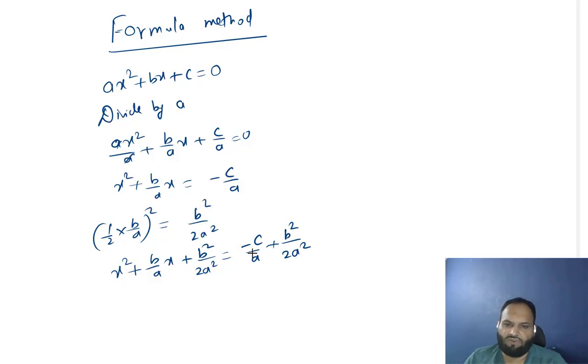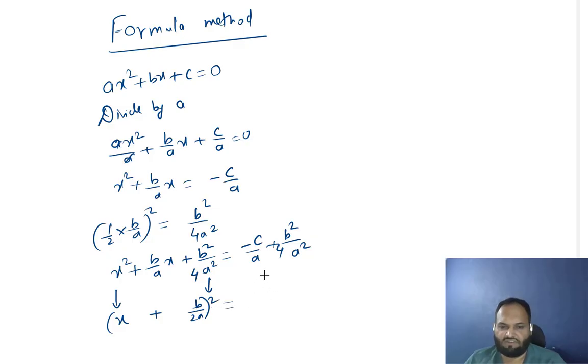Now I want 2a square here, so I'll do some adjustments. But first, it will be b square by 4a square, not 2a square. It will be b square by 4a square. Okay. Now I will again use the same technique. Square root of the first term, square root of the last term, and sign of the middle term whole square.